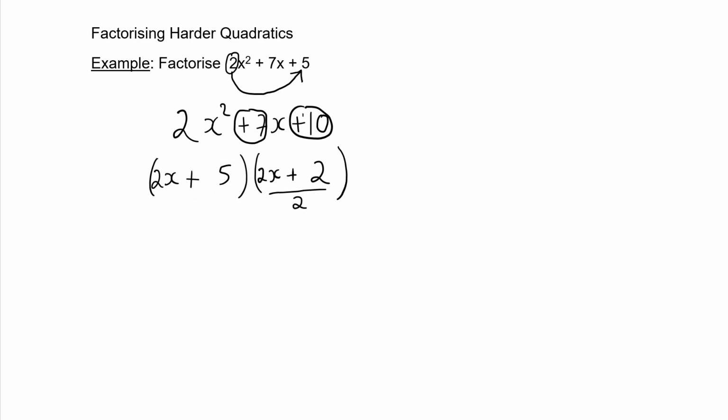Again, we're dividing by 2 because we multiplied by 2 at the start of the process. This will give us 2x plus 5 unchanged, but the second bracket will become 1x, which is just x, because 2 divided by 2 is 1, plus 1, because 2 divided by 2, again, is 1. And our factorized expression will be 2x plus 5 times x plus 1.